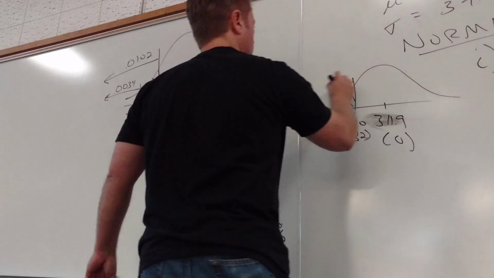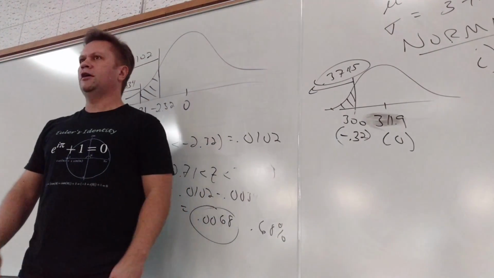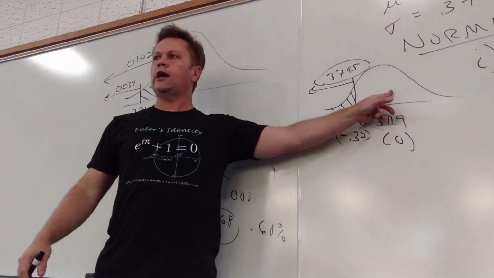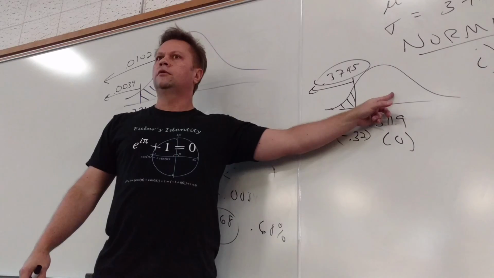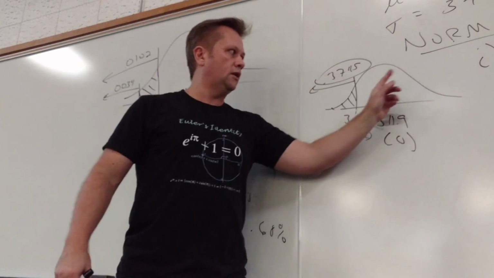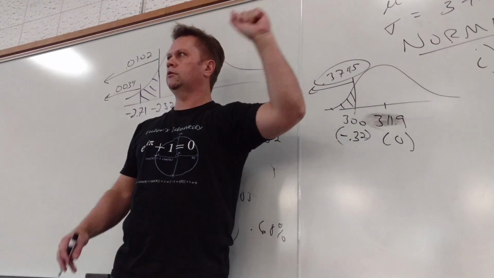Is that the answer? Yes, of course it is. It matches up with the area I shaded. I know I'm done. If I had shaded the other side, I would have had to do 1 minus. If the question would have been greater than, I would have needed this side. I would have done 1 minus this to get the other side.